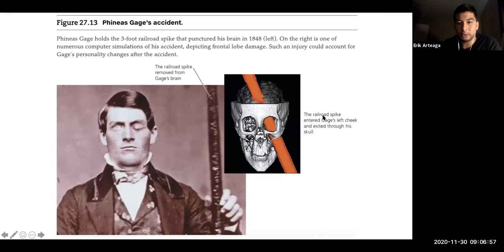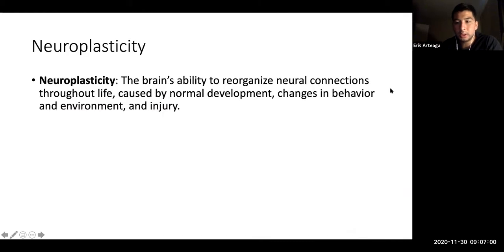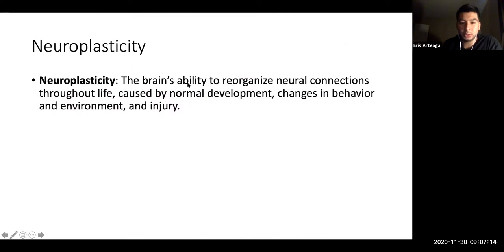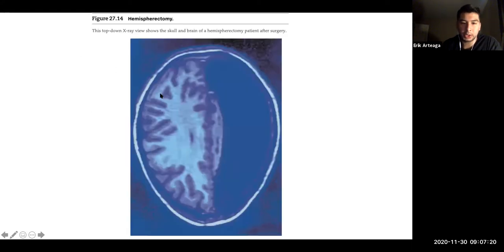I'll probably ask a few questions. Don't worry about this. Well, I guess worry about this a little bit in terms of neuroplasticity. That is your brain being able to compensate for the loss of a portion. You see this with neuroplasticity, so the brain being able to learn or form new junctions or new connections.